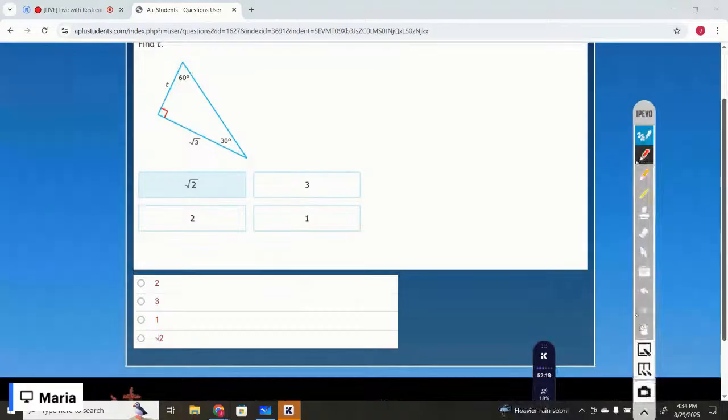The shorter leg equals the longer length divided by square root 3, right?